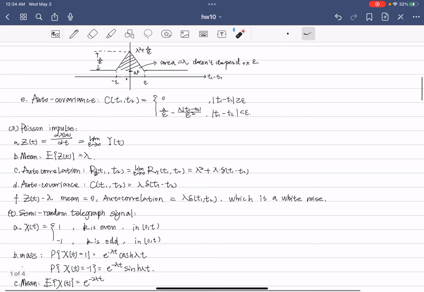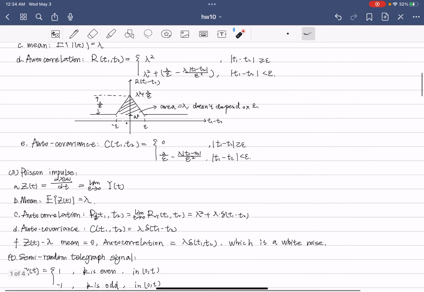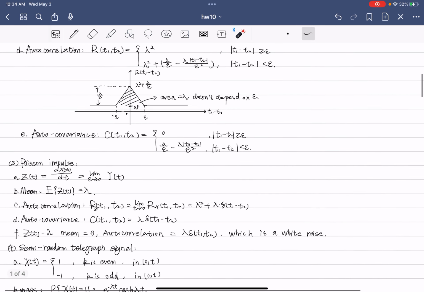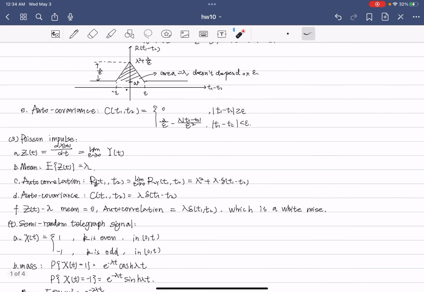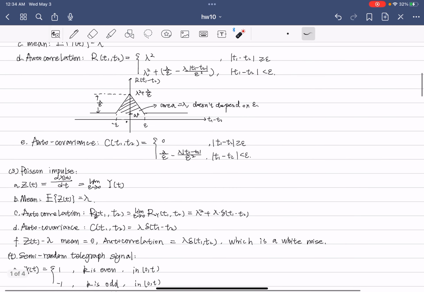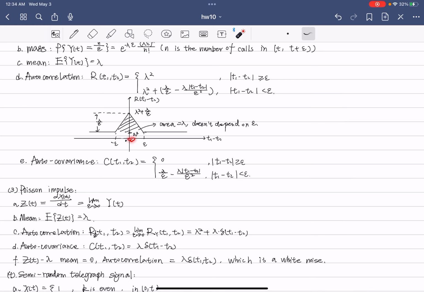The third one is Poisson impulse. Z(t) equals dX(t) divided by dt, which is the limit of Y(t) when epsilon goes to 0. As we talked about, when epsilon goes to 0, this area is still equal to lambda, but it behaves as an impulse.